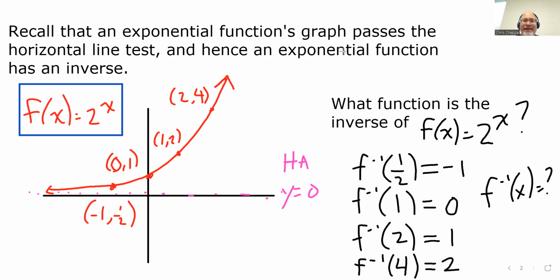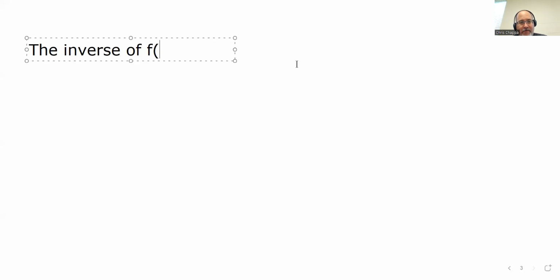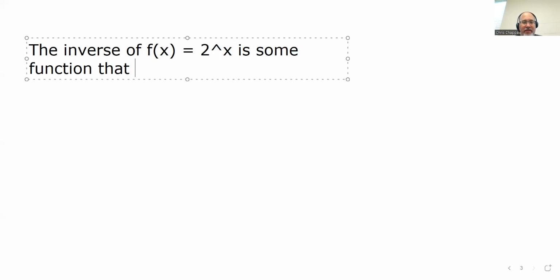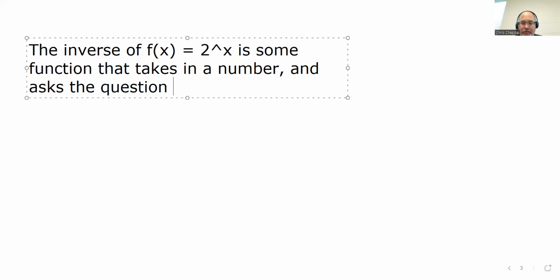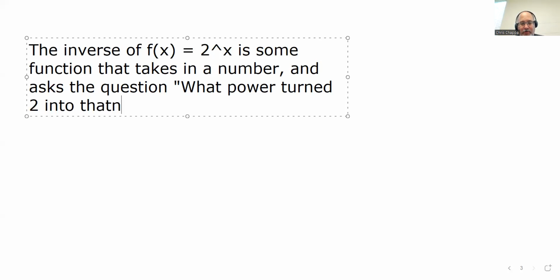All right, so I can kind of describe what my inverse function is. The inverse of f of x equals 2 to the x power, and I'm going to type it using the caret symbol. That's the pretty standard way to type an exponent left to right. But the inverse of 2 to the x power is some function that takes in a number and asks the question, what power turned 2 into that number?